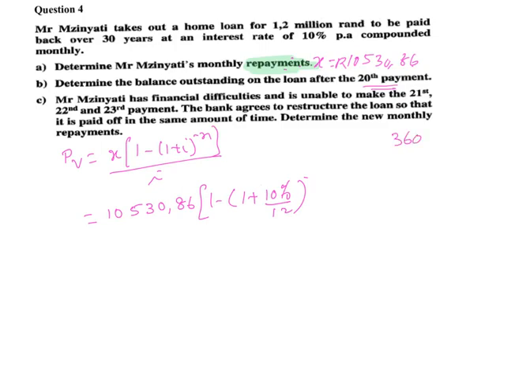And after 20 payments, therefore it has to be 340. So minus 340, divided by 10% divided by 12. So here 340 is important. This is the number of repayments left, right? The remaining period.